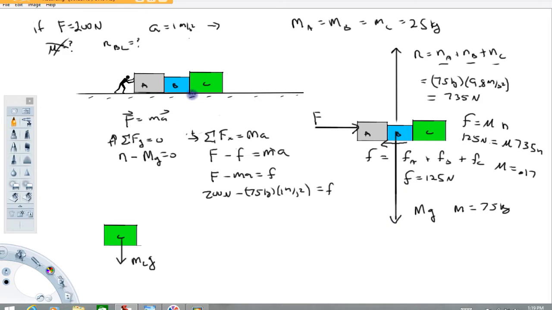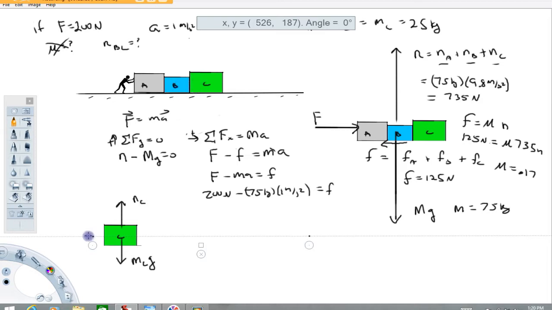All right, looking at an original picture, here's an upward normal force. That's the normal I'll call on C, between the ground and C. We are going to have a normal force between those two, which is going to be, again, if you look at this surface, the normal force between these boxes is to the left on this one, to the right on this one.